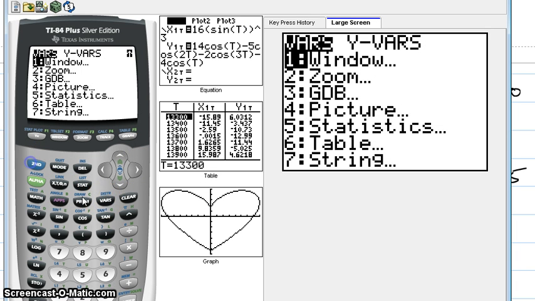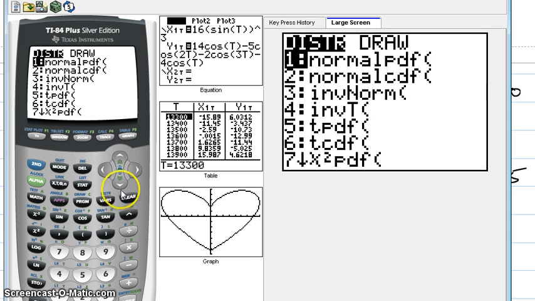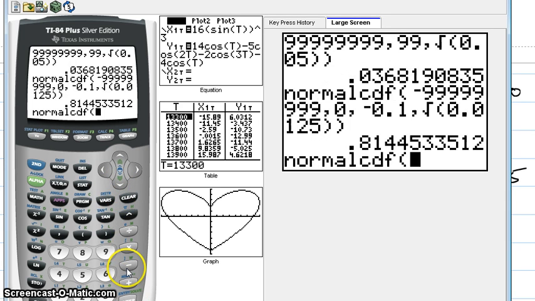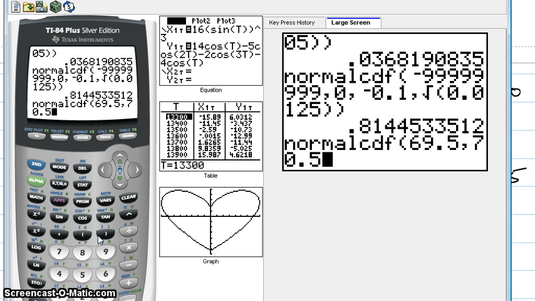Distribution, normal CDF, and I need this to be lower bound of 69.5, upper bound of 70.5. Mean was 200 divided by 3.